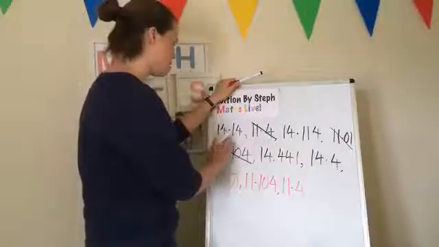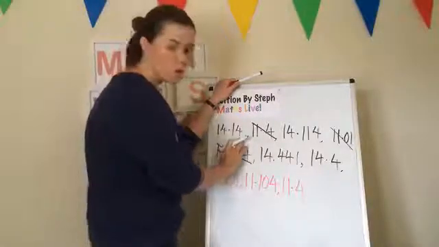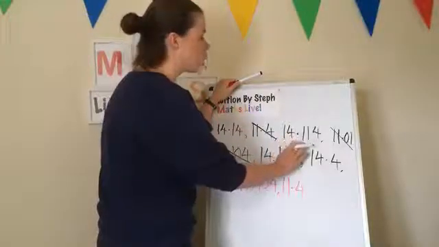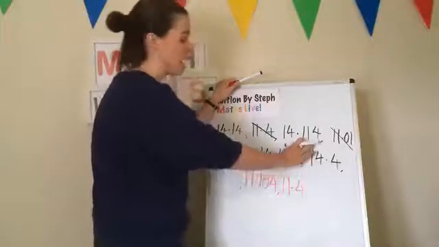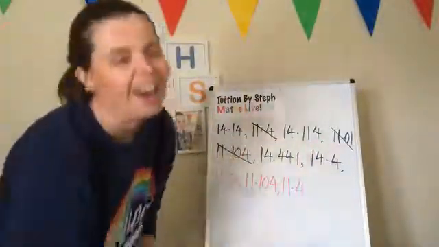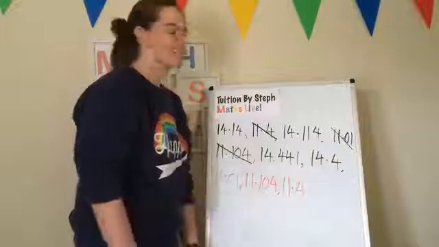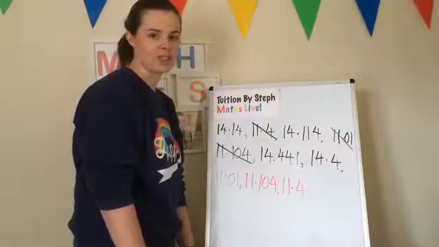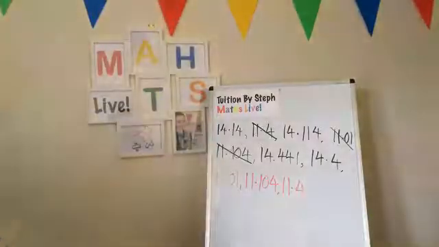This is 14.14, so this one has 4 hundredths, and this one is 14.11. I've just realised I said from biggest to smallest, and that's what happens when Steph doesn't read the question. Who's noticed this?